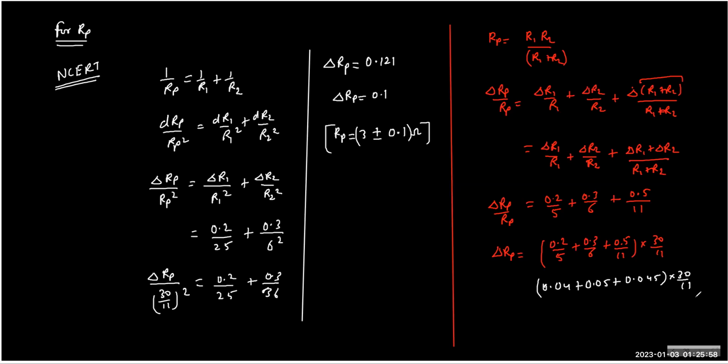Am I right? Yes, sir. It is coming 0.369. Okay, sir, maybe I forgot the brackets. You might have added all the terms, right? Yes, sir. Yeah, I think this is correct.